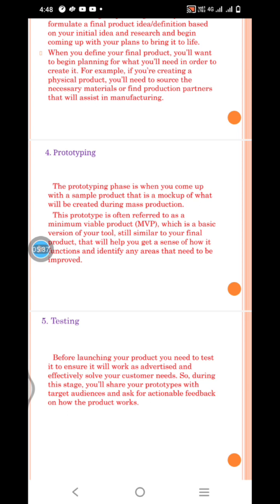This prototype is often referred to as a minimum viable product, that is MVP, which is a basic version of your product, still similar to your final product, and that will help you get a sense of how it functions and identify any areas that need to be improved. That is the fourth stage.